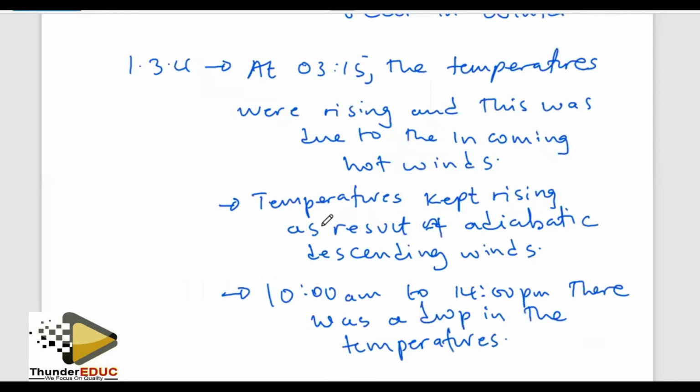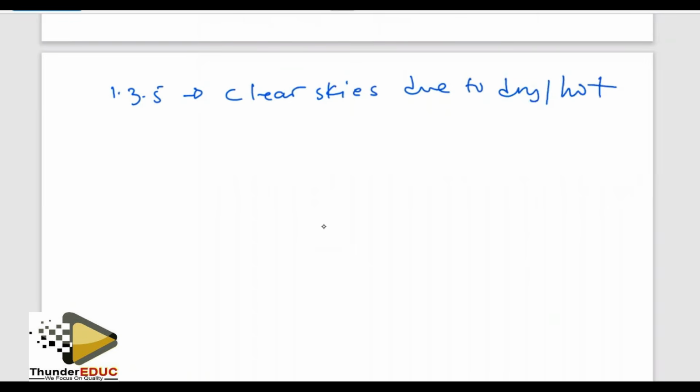Let's go to our blank page for question 1.3.5. We could say clear skies due to dry or hot winds resulting in less condensation.